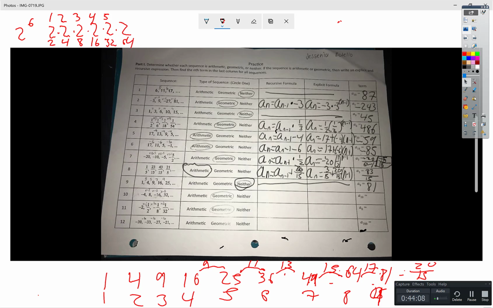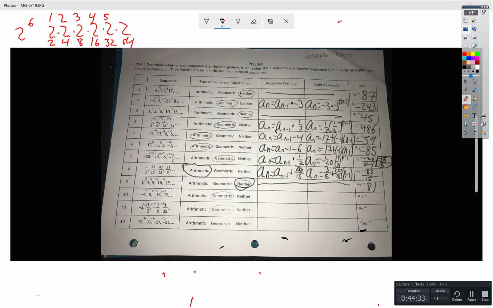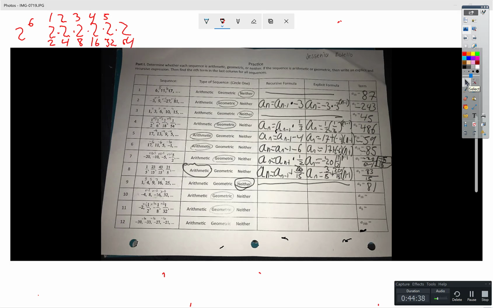Here's another pattern that I'd like you to see. 1 squared is 1. 2 squared is 4. 3 squared is 9. 4 squared is 16. 5 squared is 25. So notice all these terms are perfect squares. I wanted to solve that out manually for you, but also if you can find that shortcut, you could write a formula for this one.